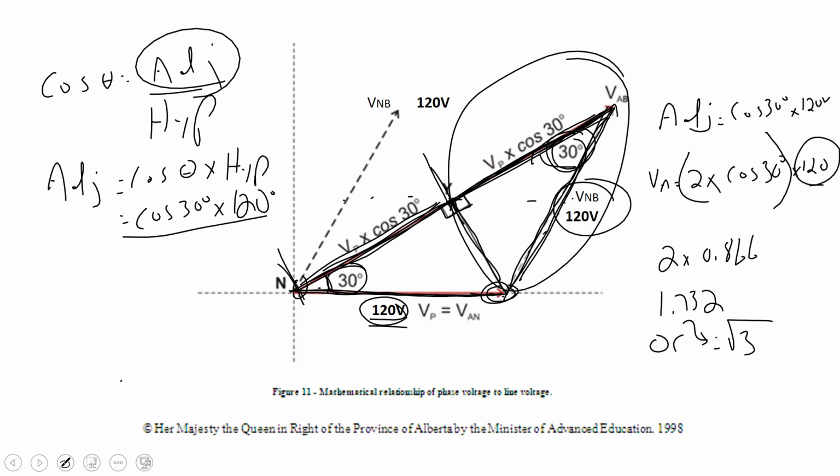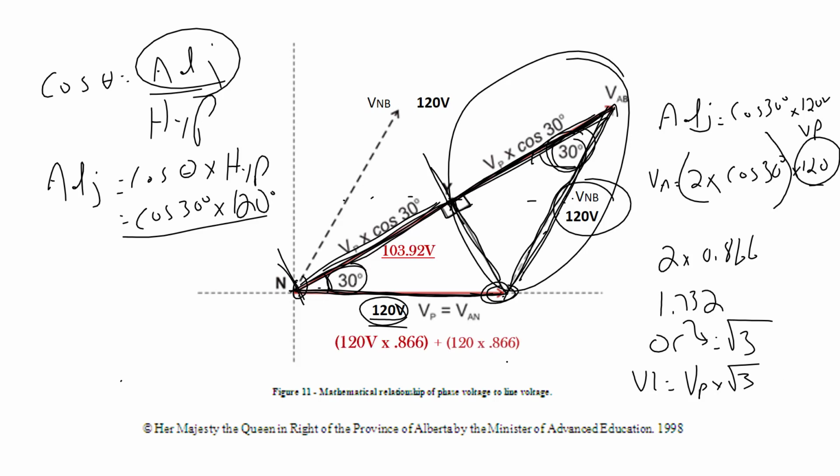So there's our V phase. That's how we get our formula. V line is equal to V phase times root 3. So through math, you can see where the root 3 comes from. It's 2 times the cosine of 30. Okay, so that's how that works out.